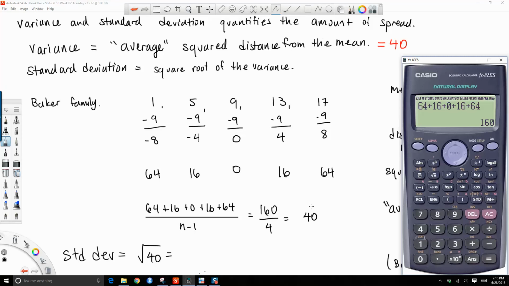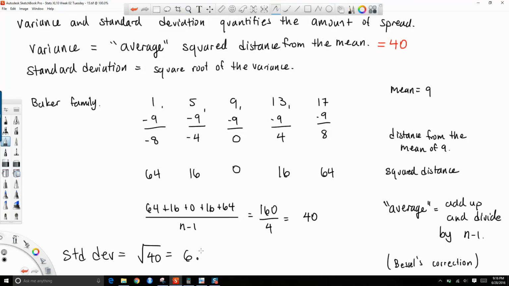And what's that? I'm going to do the square root of 40. I get 6.3245, or 6.3246. And that's my standard deviation.